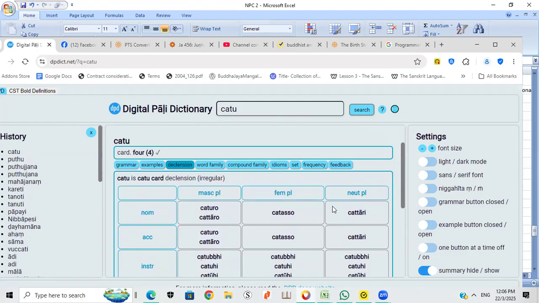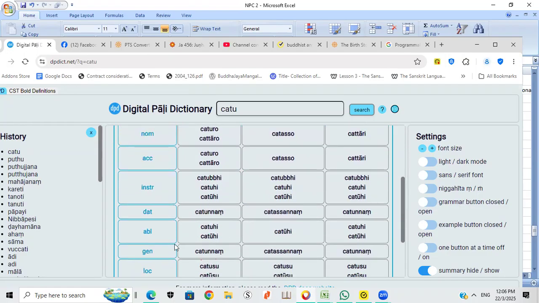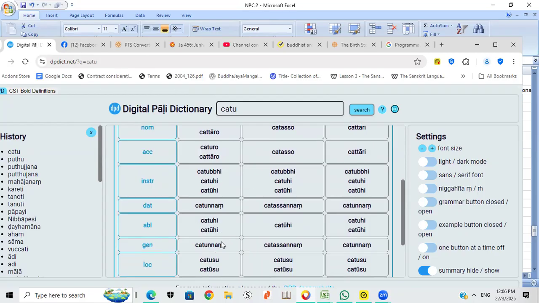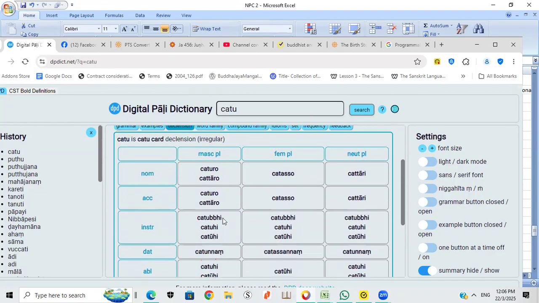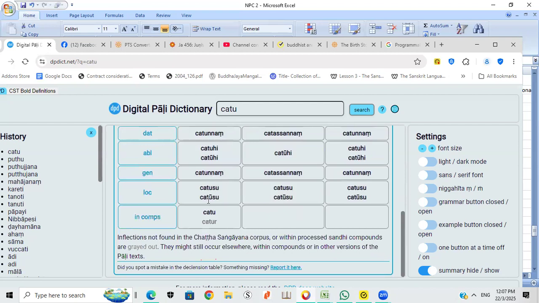Masculine, feminine. You see, it's not Chatari. Between this instrumental, this one, can you see that? Chatuhi. This is instrumental because all this is plural.